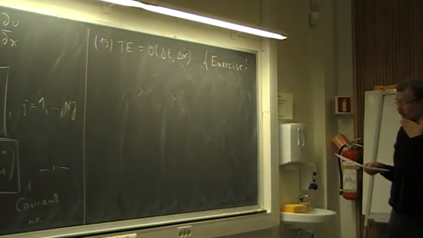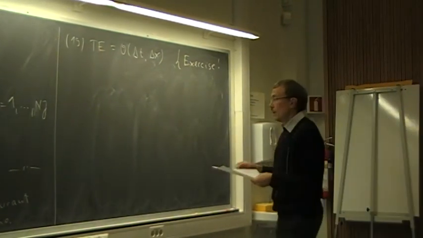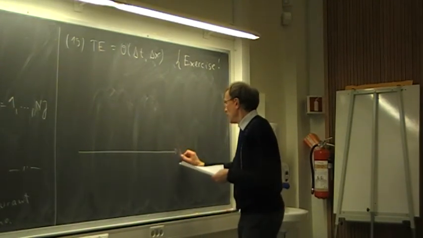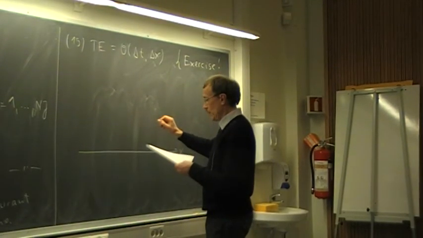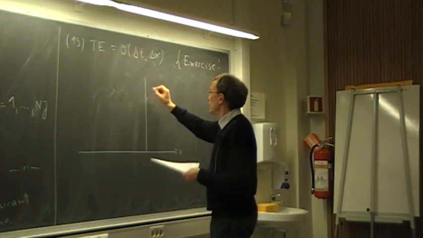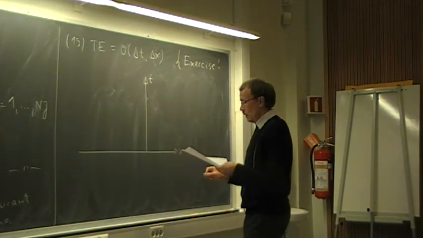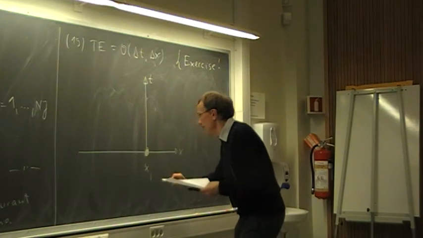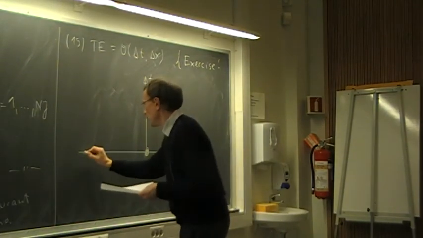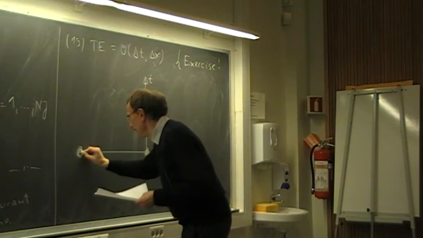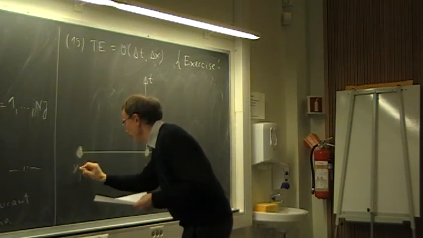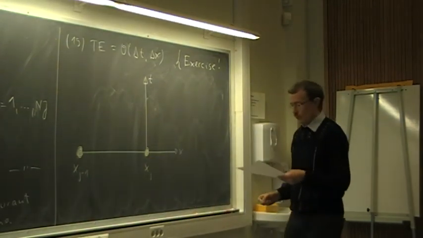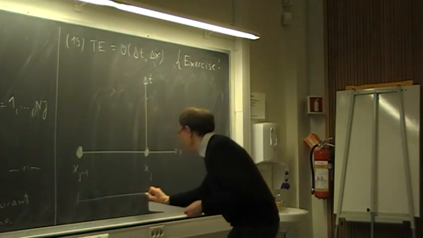So what else can we say? We look now in the xt diagram. We have now t here. We have our midpoint x_j here, and if we have, say, our midpoint x_{j-1} here, then this will be our grid spacing Δx.